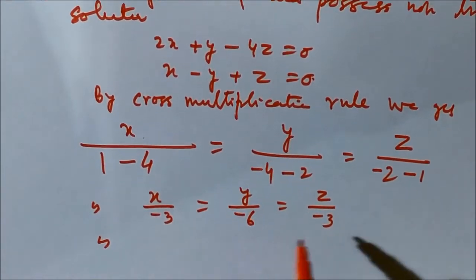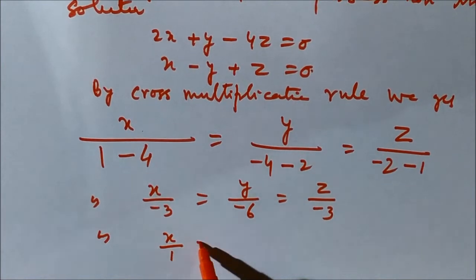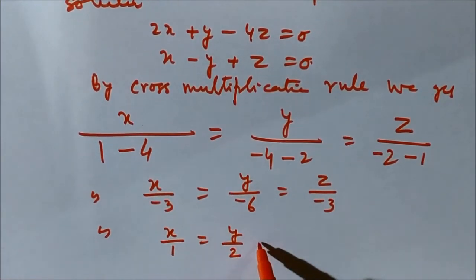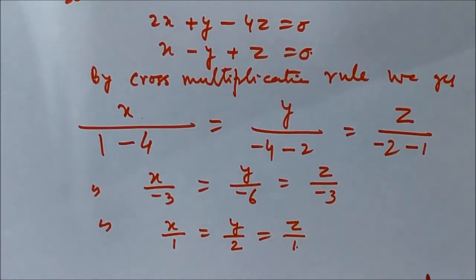Multiplying each by minus 3, we get x by 1, y by 2, z by 1.